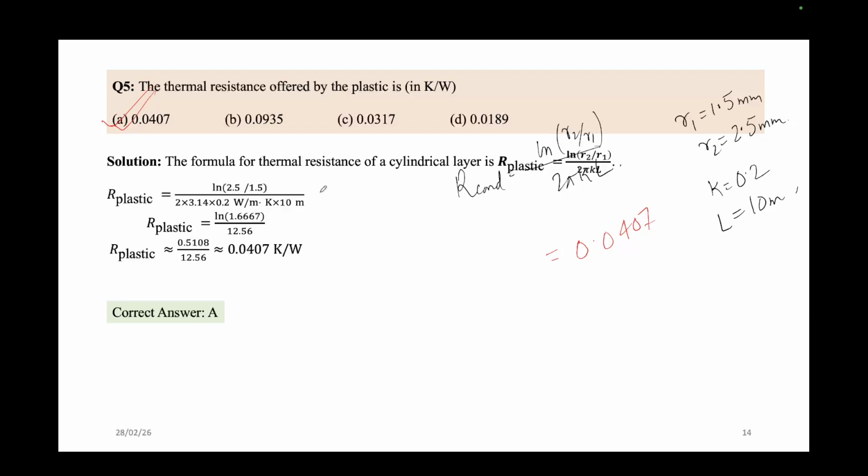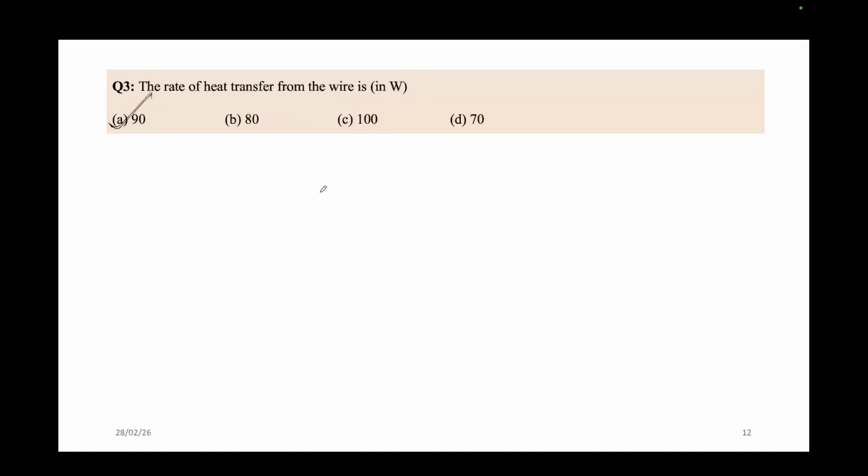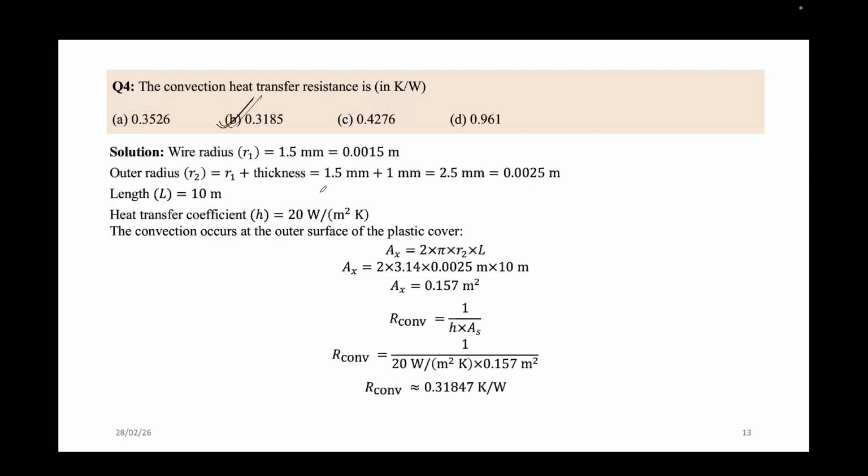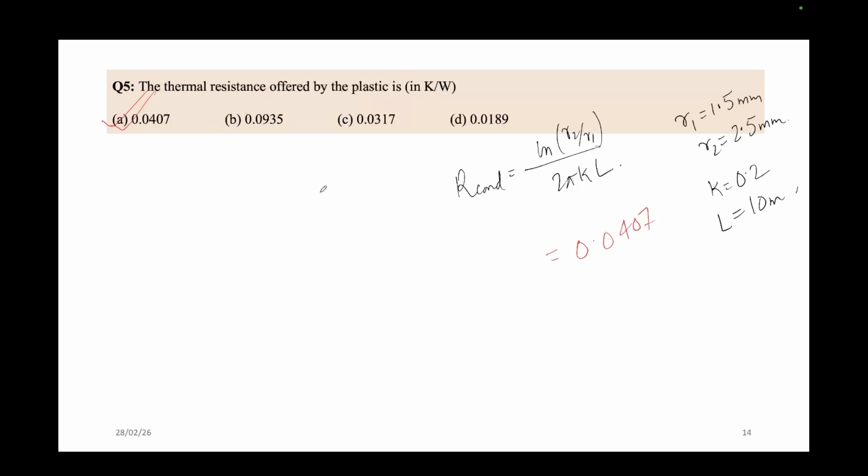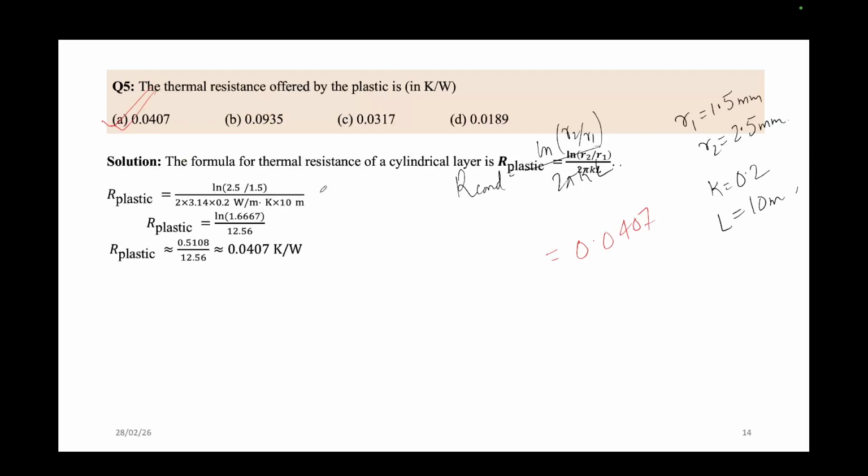I have just written this, so it will be option A. This is correct. So it is 0.0407 and the previous one is 0.318. Okay.